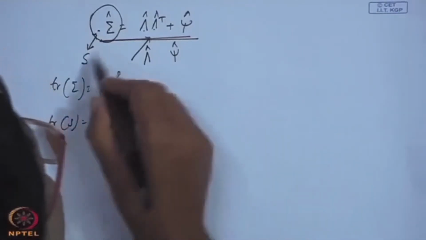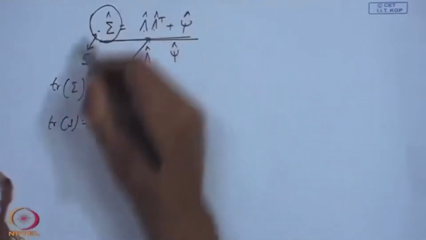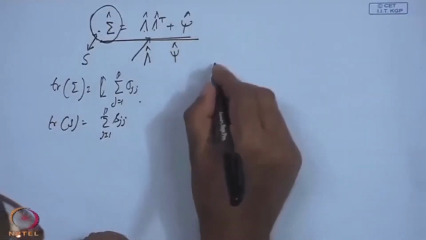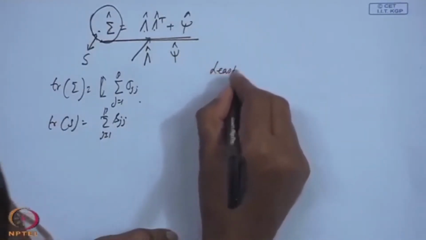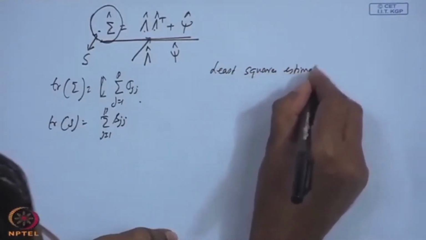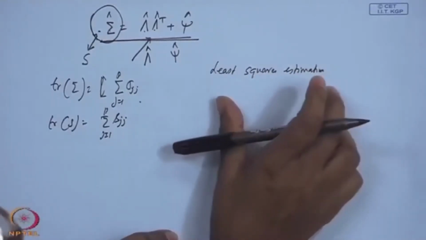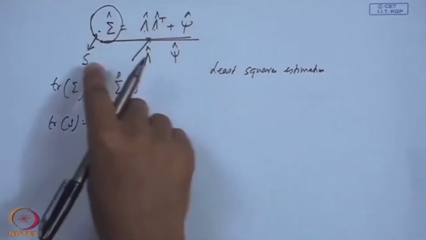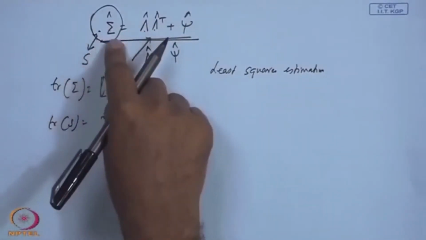Then what we require is a function to be minimized. Now if we go for the least squares estimation, then we require to minimize the error. What is error here? The error is the difference between the two.